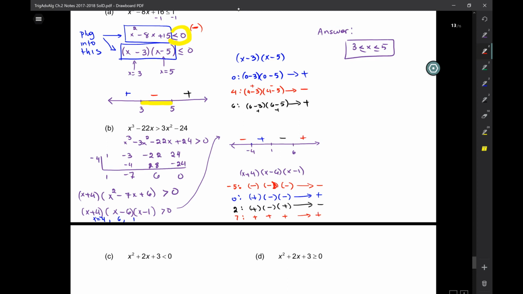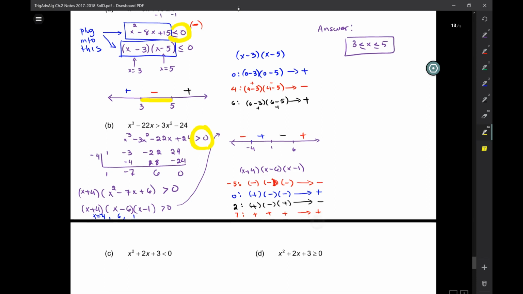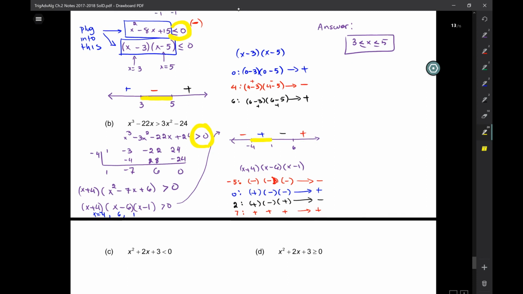So that's positive. Okay, now, the question I'm asked is greater than 0. Is that positive or negative? Positive. So I'm going to pick this region and that region. So now I have 2. From the first region, I get -4 less than x less than 1, right?